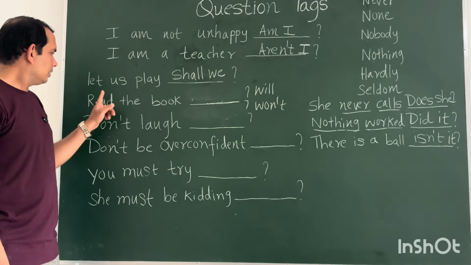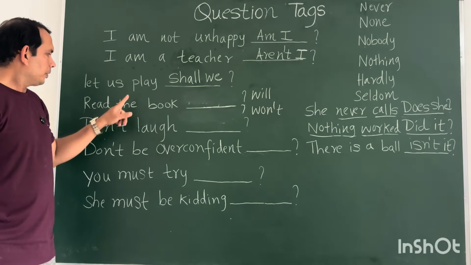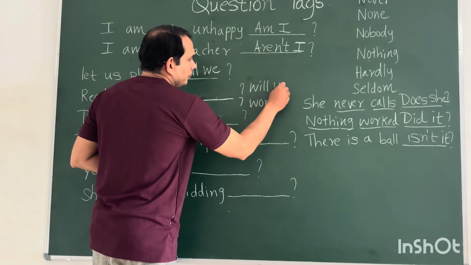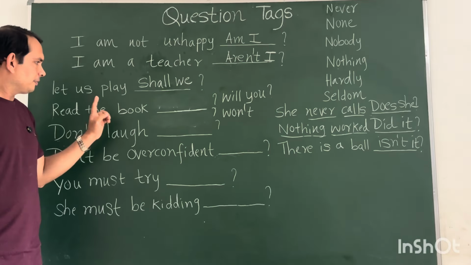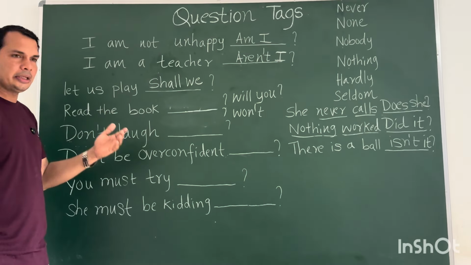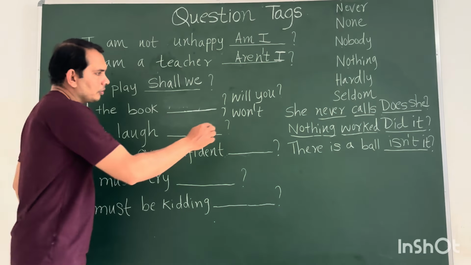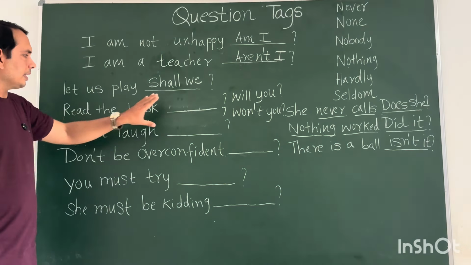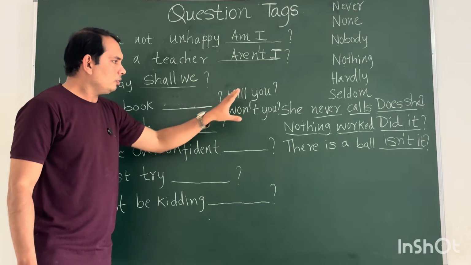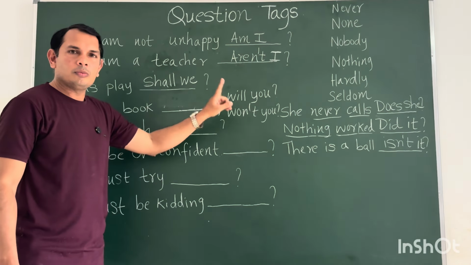The reason is, if it's a command, you write will you. If it's a request, read the book please, you write won't you. So in this context, both will you and won't you are correct.